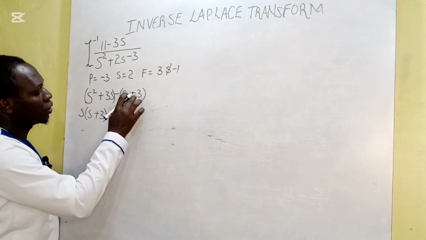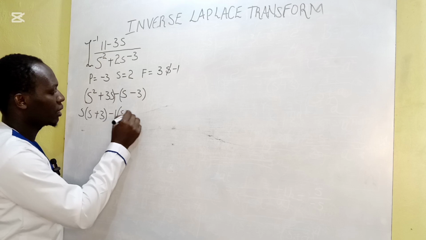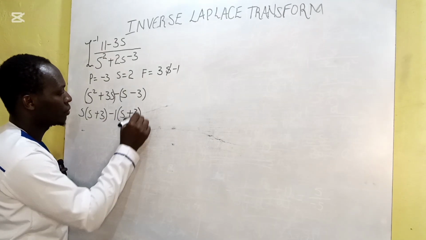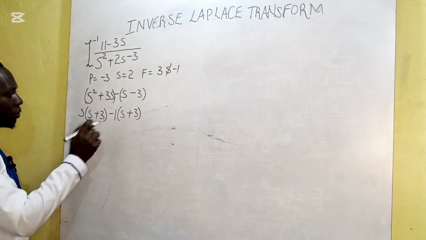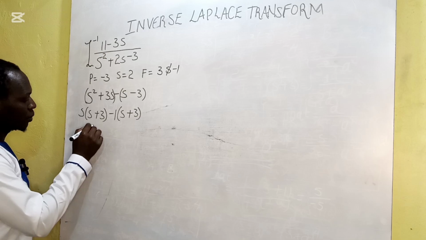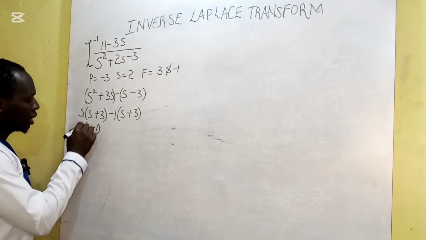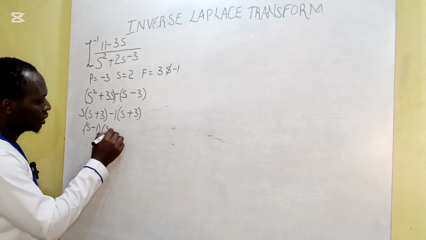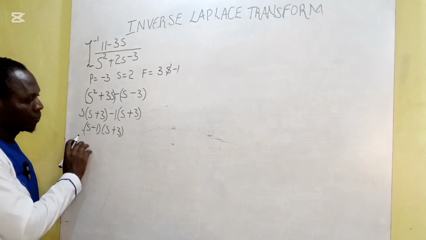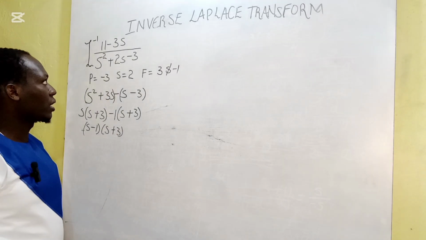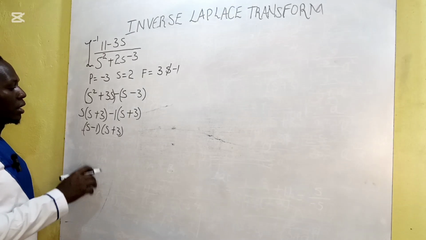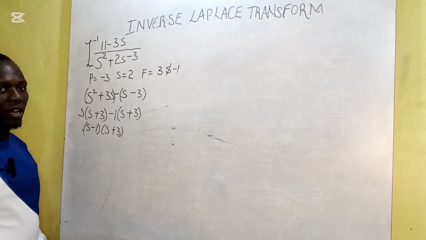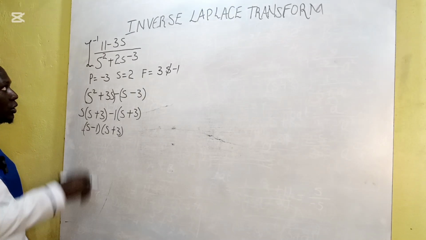This negative is going to affect the negative within the bracket, and we are going to have 3. We factor what we are having outside the bracket, and then we take one of the brackets, s plus 3. We've done our factorization. Up to this point now, we've done our factorization.